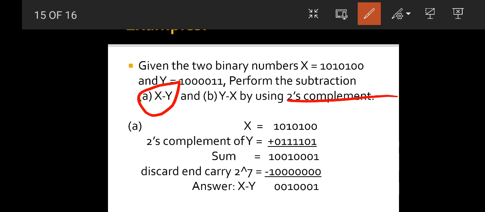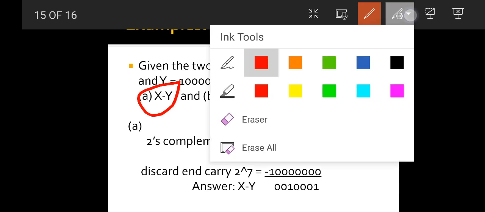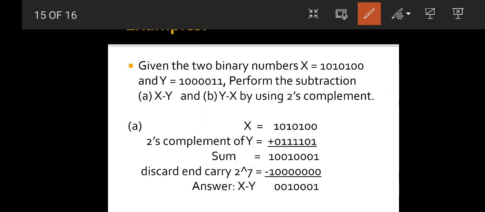So your x will be 1010100. And your r's complement of y, the two's complement of y, will be 0111101. So again, you have to add.